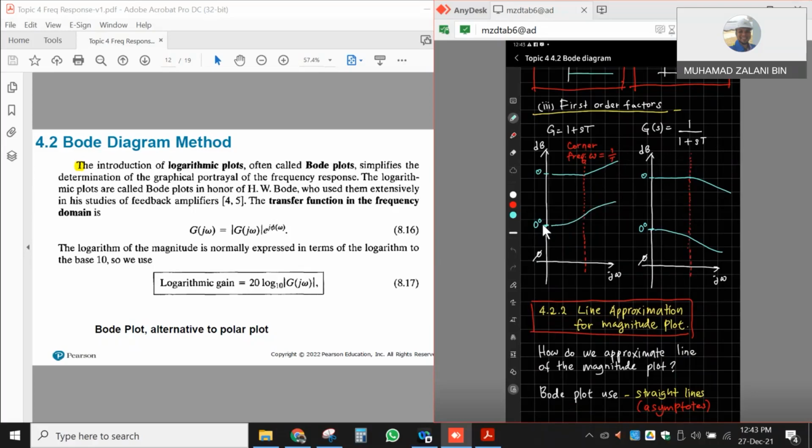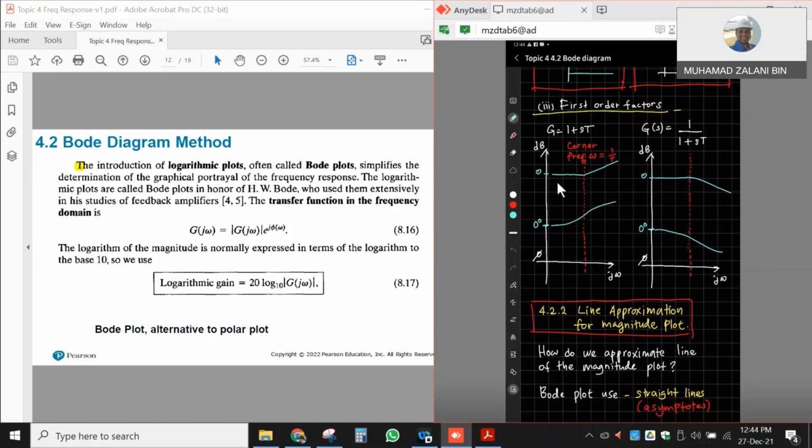For the phase angle of 1 plus sT, it should look like this: it starts from 0 degrees, and as omega increases, the angle will be increasing toward infinity like this.